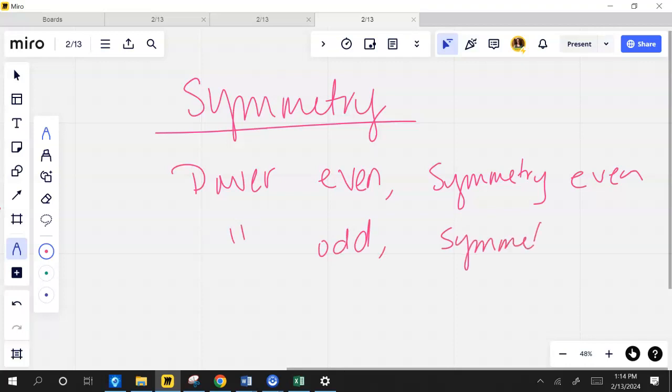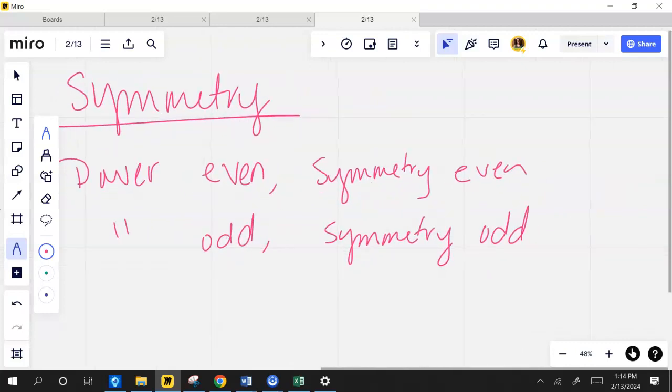And remember what that means. If I have even symmetry, that means I'm symmetrical about the y-axis. And if I'm odd symmetry, turn it upside down, it looks the same, right? Sometimes we call that rotational.